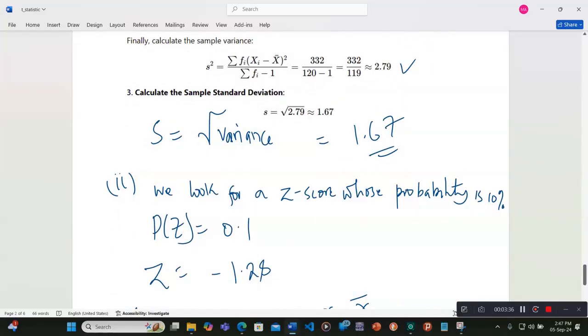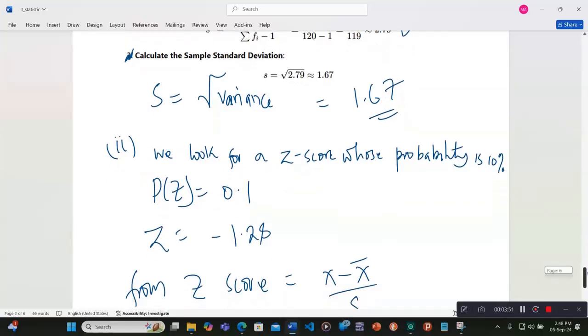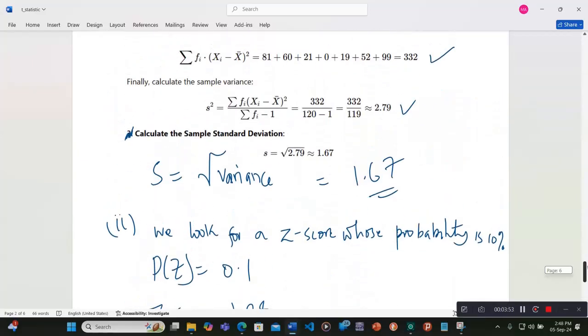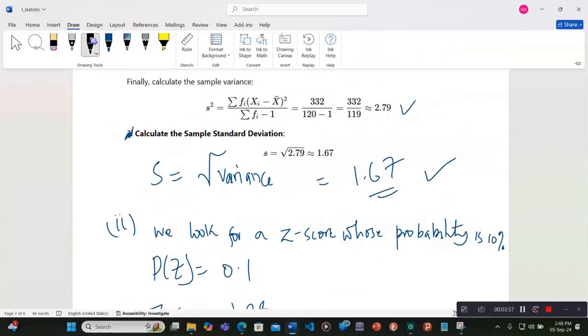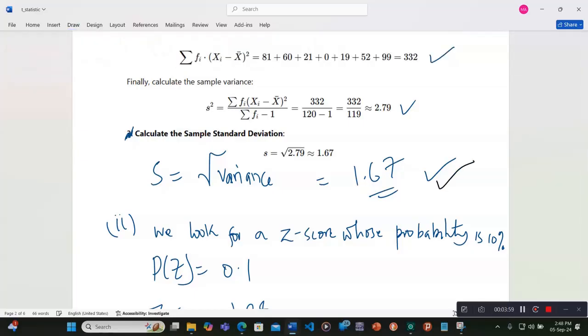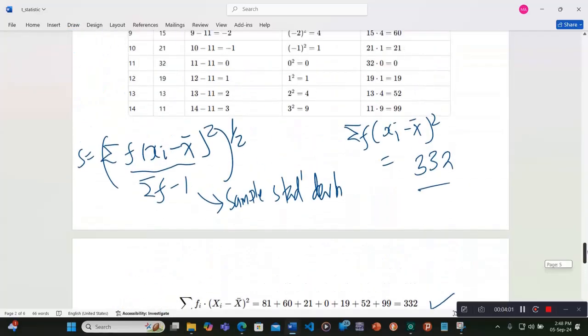When we want the sample standard deviation, we know standard deviation is equal to the square root of variance. We already have the variance, we take its square root, and we have 1.67. So we have the standard deviation, and we have the mean.